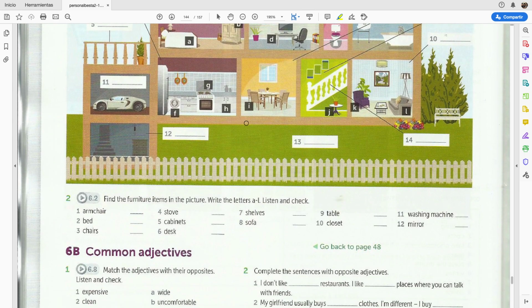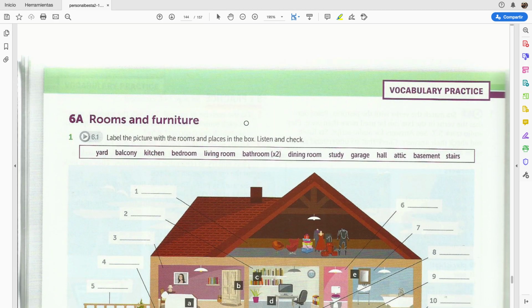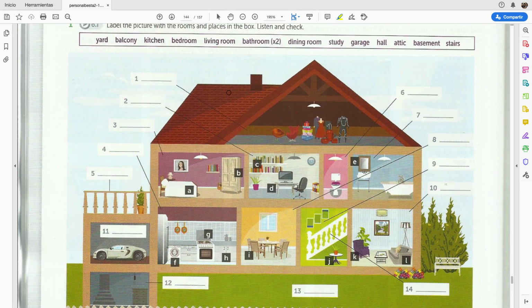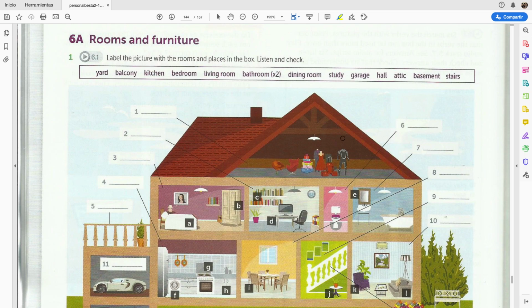Here in your books you have a bigger list and also a picture, a very detailed picture with different parts of the house, as you can see, and also the different objects or the different items that you have in each room. Okay, so now here you need to label the pictures with the rooms and the places in the box. Then you need to listen and check.